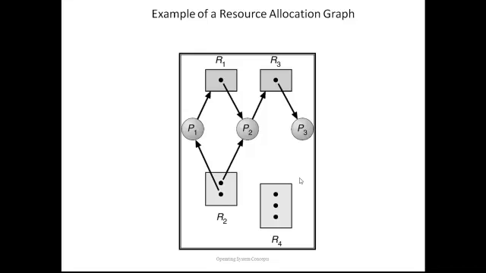For resource R2, there are 2 instances. One instance is allocated to P1, the other to P2. And for the instance present in resource R3, P2 is requesting the instance, but it is allocated to P3. So this is one example of resource allocation.